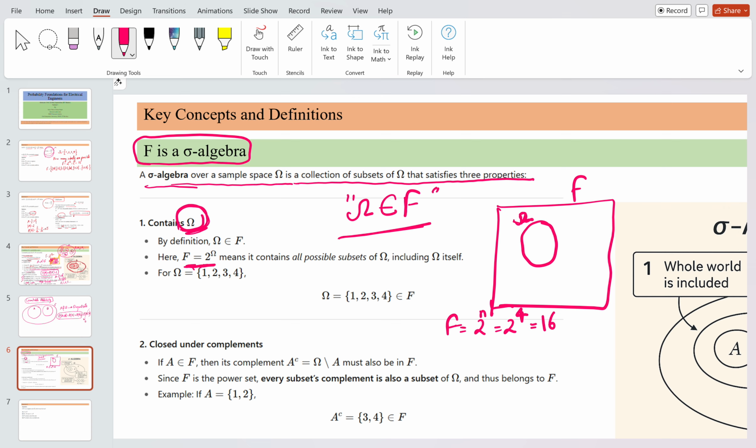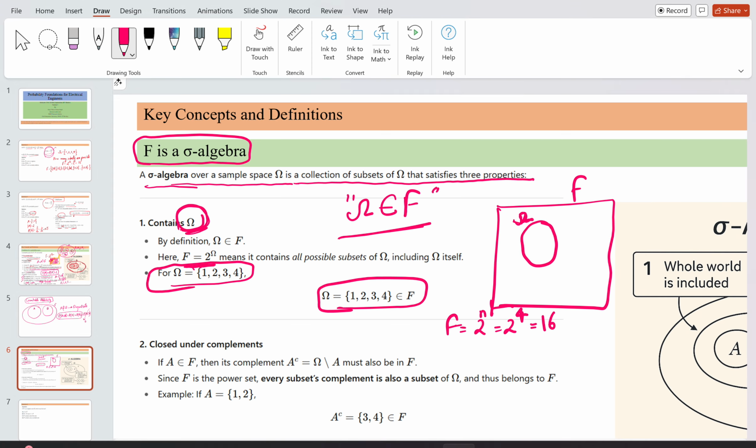Because omega belongs to F, so all the subsets inside this omega should belong to F. Omega has the elements 1, 2, 3, 4, so it will belong to F. That is a very important point to understand.